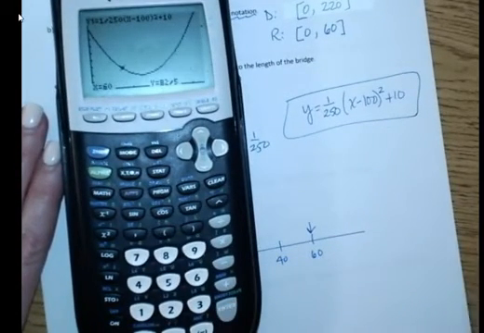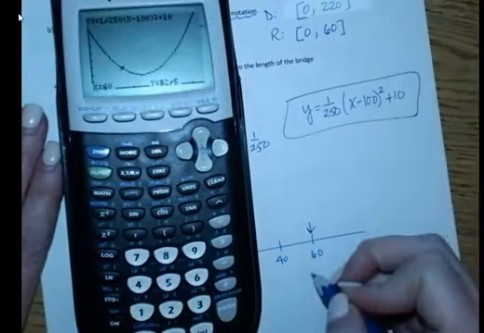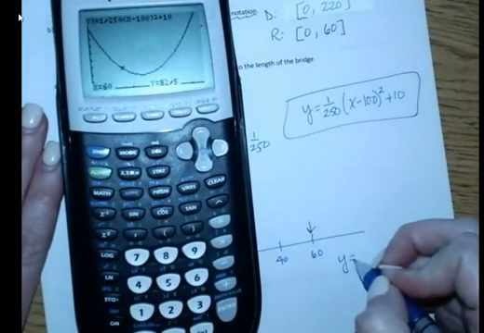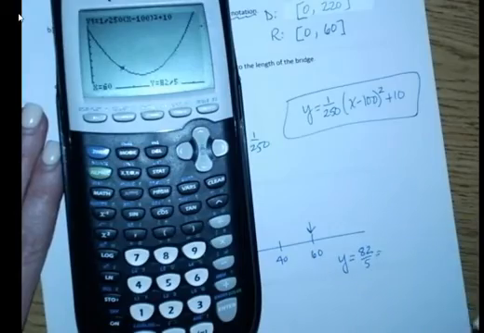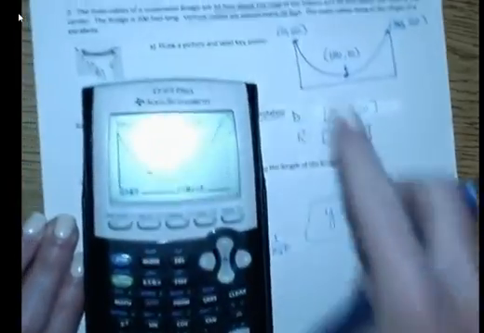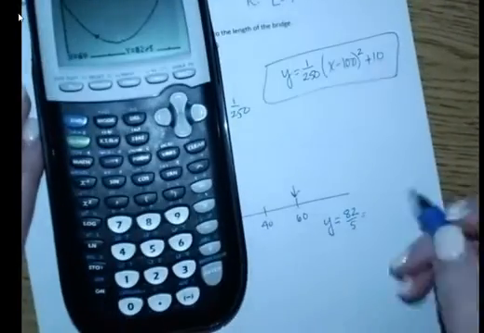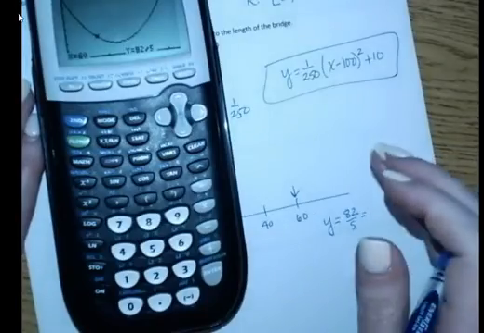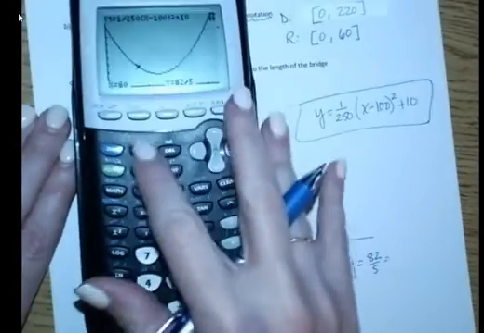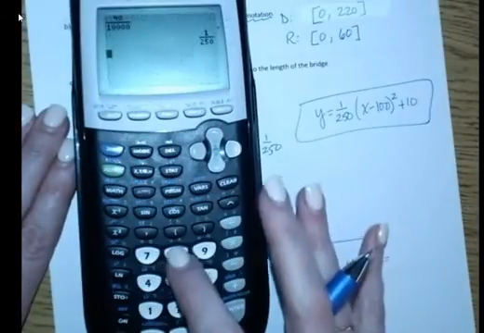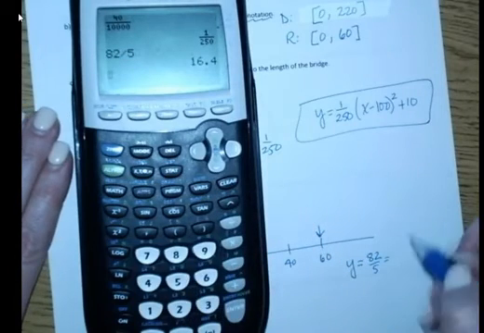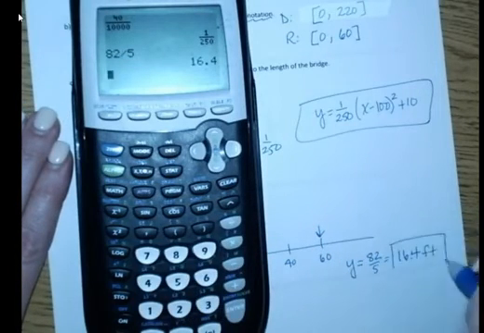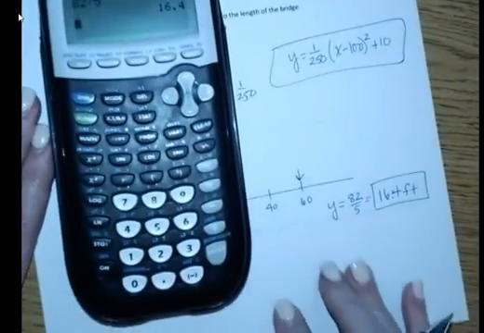So that means that the y value is 82 over 5. Well, that does not put it in context. That's feet. We need feet above the ground, right? So we would never say 82 divided by 5. So let's put this in our calculator, hit second and quit. Let's put 82 divided by 5 in there, and that makes more sense. 16.4 feet above the ground. So you always want to put the correct units on it.